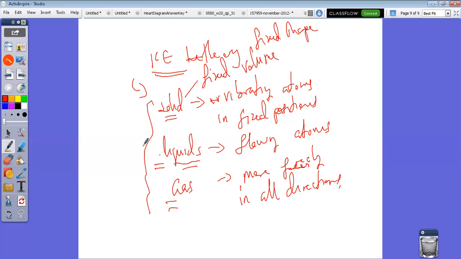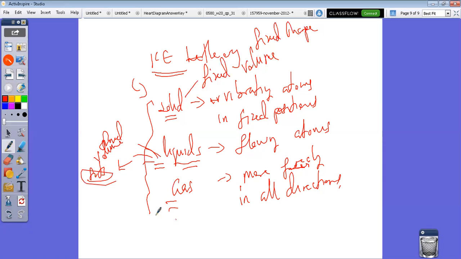What can you say about liquids? They have a fixed volume, but the shape can change. Liquids have got a fixed volume. They fit the shape of the container. They simply take the shape of the container.